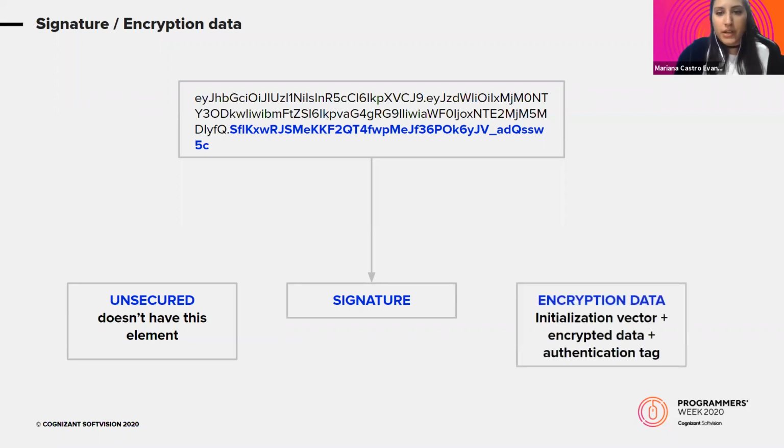And we can have encryption data here, so instead of one element, we're going to have three: the initialization vector, the encrypted data, and the authentication tag. But as I said before, the important part is the payload. That is where we're going to find all the information that we can use to authenticate and authorize our user.